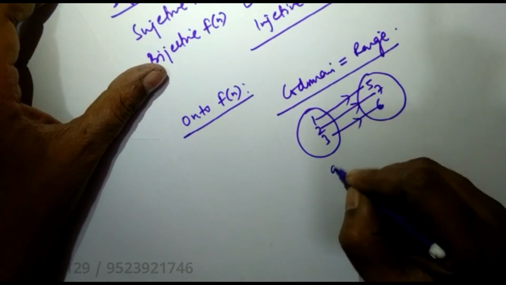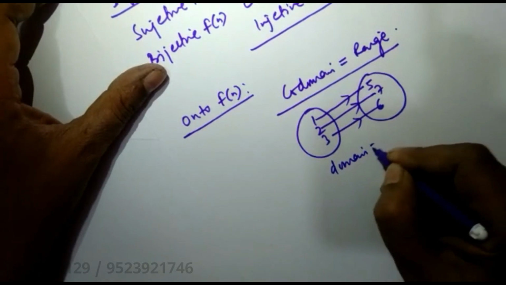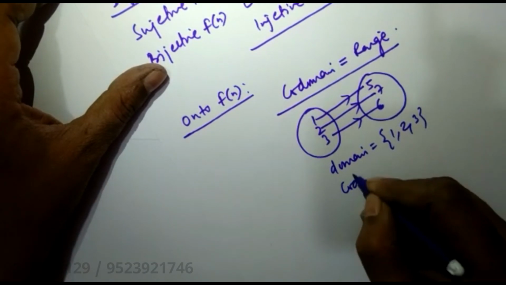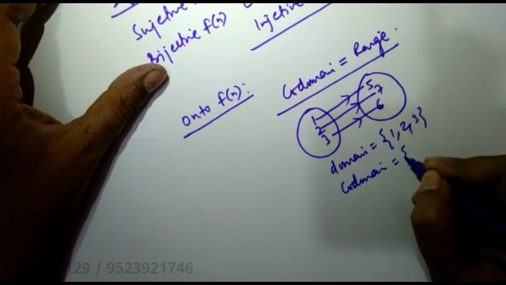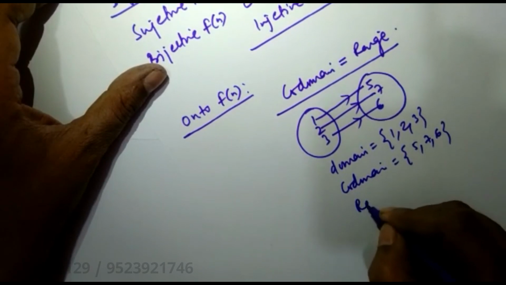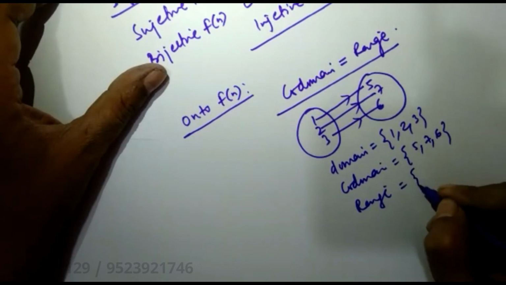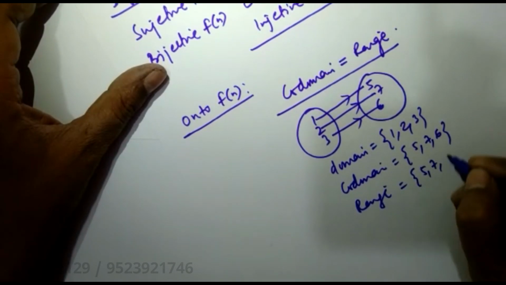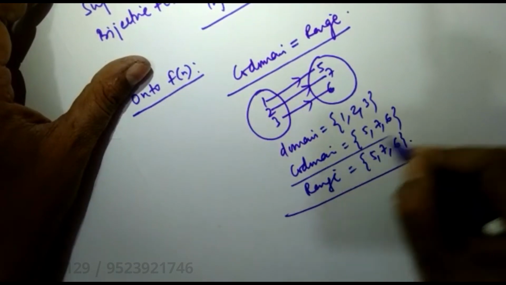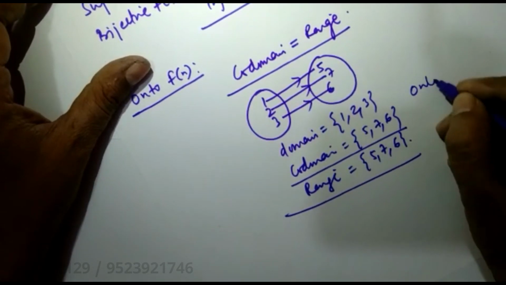Here domain is 1 2 3, codomain is 5 7 6, and range is again 5 7 6. So this type of function is called onto function.